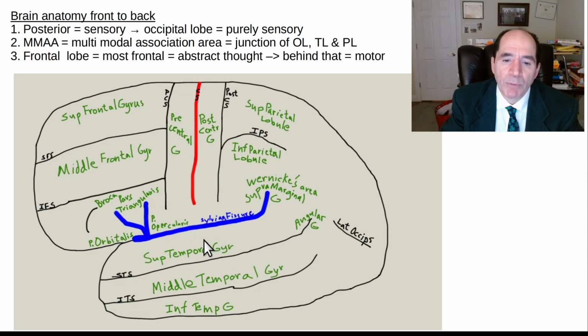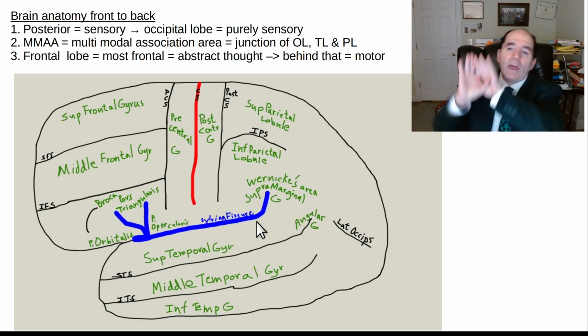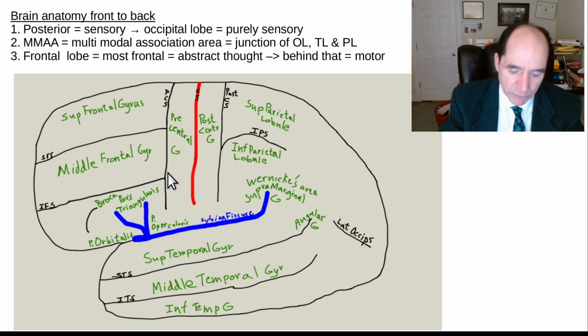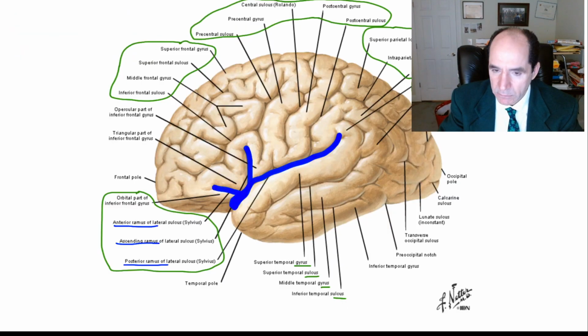And then the temporal lobe right in here, for example, is auditory cortex. This is touch, vibration, position sense. This is visual sense. And they all come together in what's called the multimodal association cortex, which is the junction between the parietal lobe, the occipital lobe, and the temporal lobe. That associates all that different sensory information, and then it gets sent over to the frontal lobes to make decisions. And that's how the brain gets stuff done.